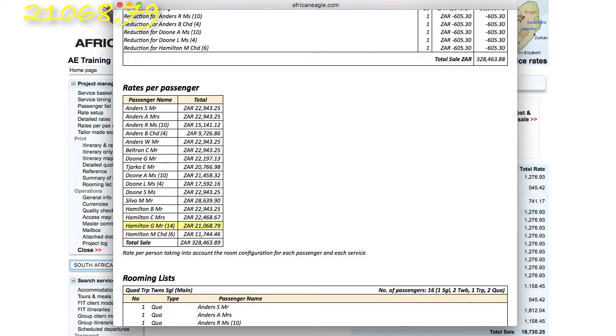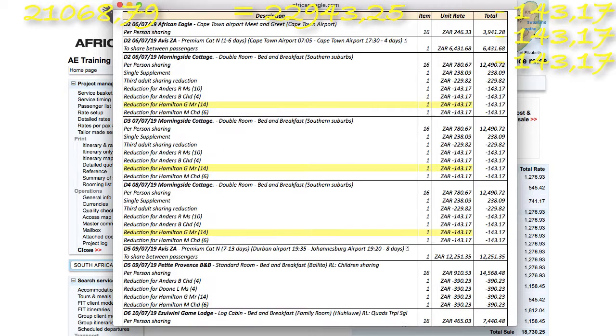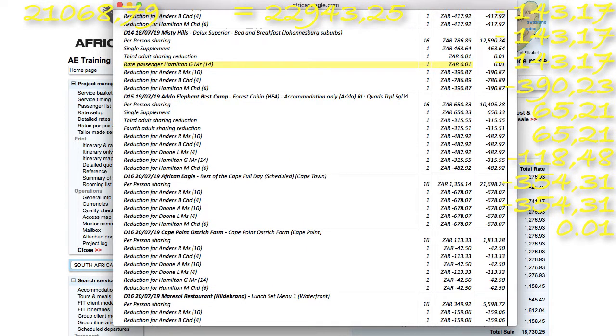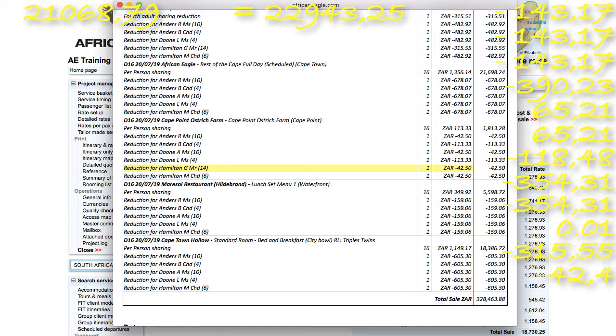For example, for Hamilton G. Mister, age 14, he pays the basic per person sharing minus reductions at Morningside, Petite Provence, Ezelwini, Poponyane, Stille Woning, Misty Hills, Addo, and Camp Point.